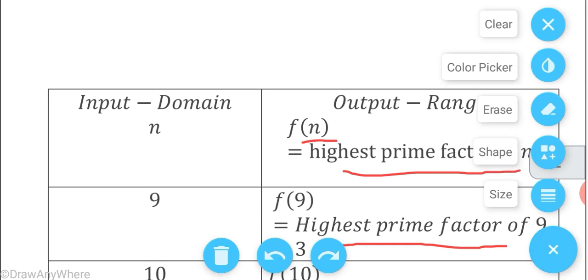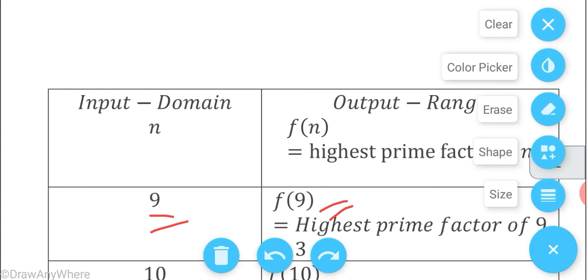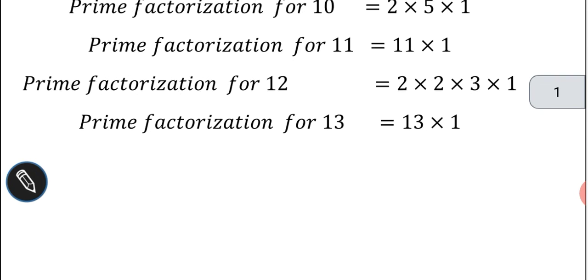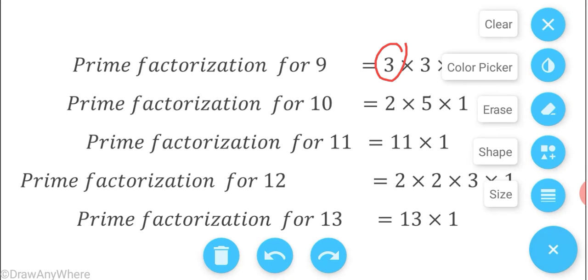The highest prime factor of 9 is 3, because the prime factors are 3 into 3 into 1, so 3 is highest.